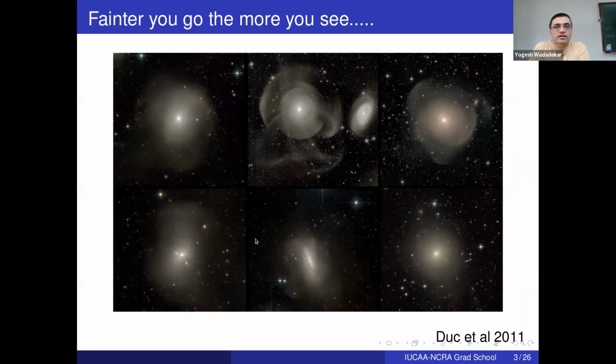So these are all early type galaxies, elliptical galaxies in general. And they have all of these extra structures, which are very low surface brightness, because there's a very low stellar density. So stellar density here is measured not in terms of stars per unit volume, but stars per unit cross-sectional area, right? And so that is also very low in these structures. So only when you image to extremely faint levels do you even see these structures.